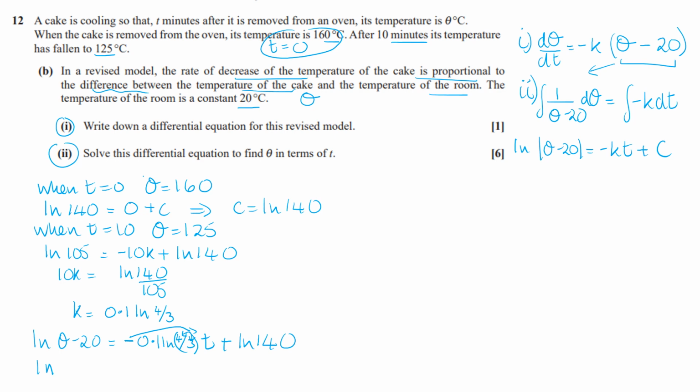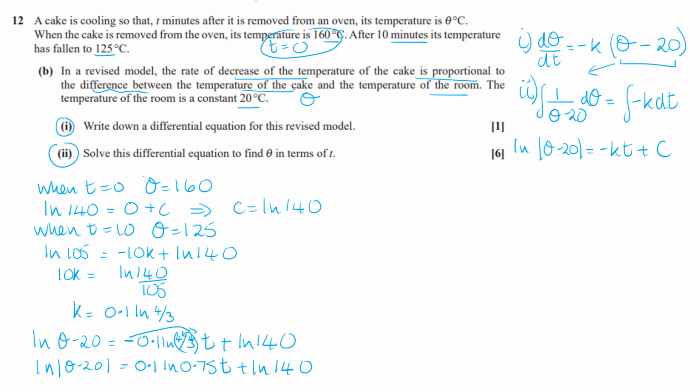So we're going to have the ln of theta minus 20 is equal to 0.1, the ln of 4/3 upside down is 3/4, so 0.75 t, plus our ln of 140.